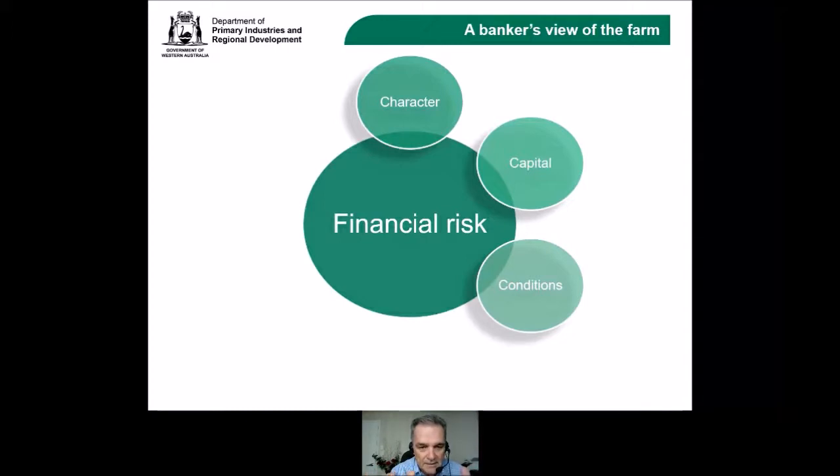Fourth one we're looking at is collateral. The bank wants security. This is their second way out. Their first way out is through cash flow. The farm makes enough cash to pay the interest. The second way out is that they sell something to get their money back. And in a lease, it may be that piece of plant. They look for collateral. And the more collateral they have, basically, the happier they are, because it makes their position a lot safer.